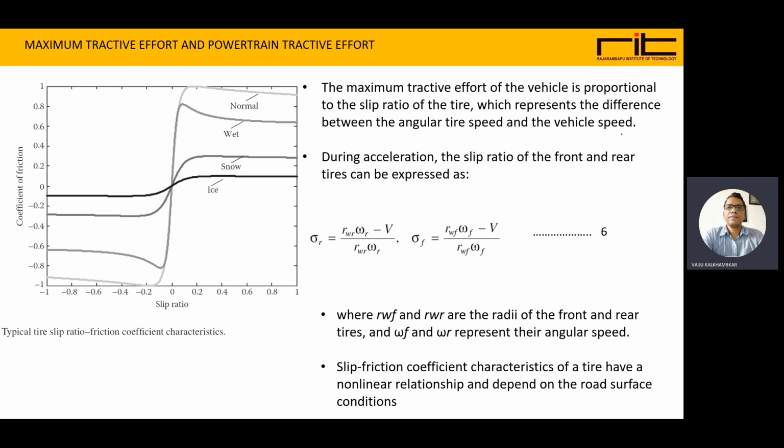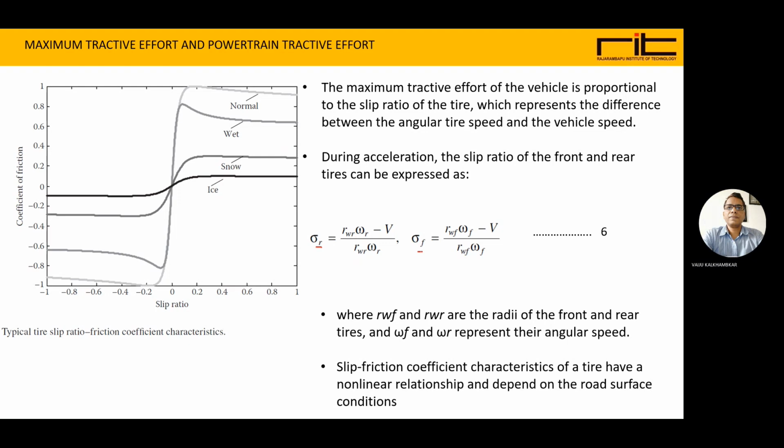During the acceleration, the slip ratio of the front and rear tires can be expressed with this expression. So rho r is equal to (r_wr omega r minus v) divided by (r_wr omega r) for the rear wheel. That is the slip ratio we are calculating.